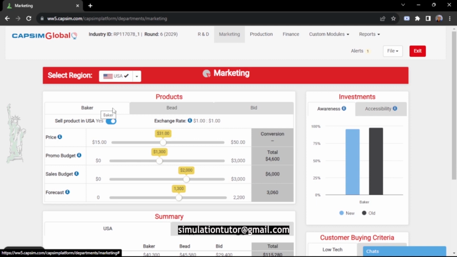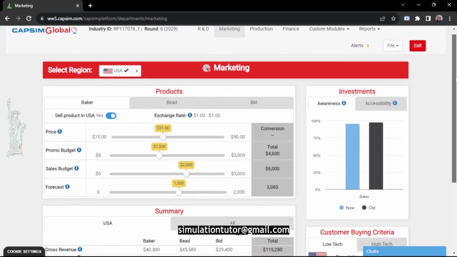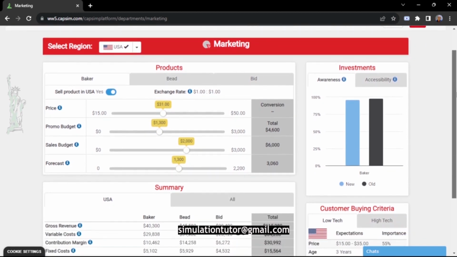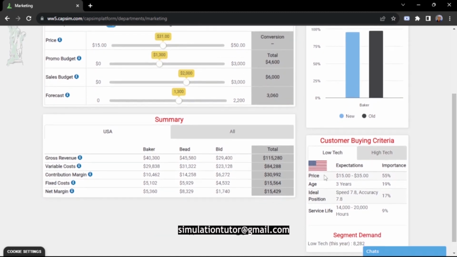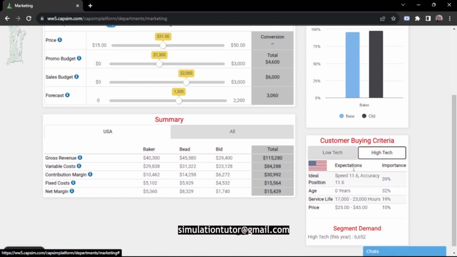So that I can see what is supposed to be done, this is just the customer buying criteria. We see that for a low-tech product in the USA, price between 15 and 35 has an importance of 55%, age of 3 years has an importance of 19%, ideal position has an importance of 17%, while service life has an importance of 9%. Same applies to high-tech.